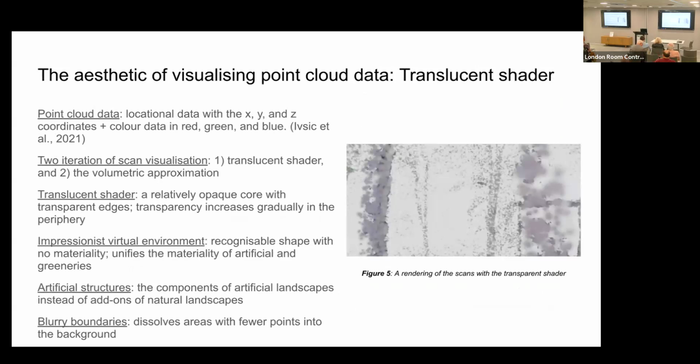The translucent shader is relatively opaque in the core and relatively transparent at the edge. So the transparency increases gradually to the periphery, and it creates an impressionist visual environment where you can almost recognize the shape with no materiality, and it unifies the materiality of the artificial and the natural elements in the scene.